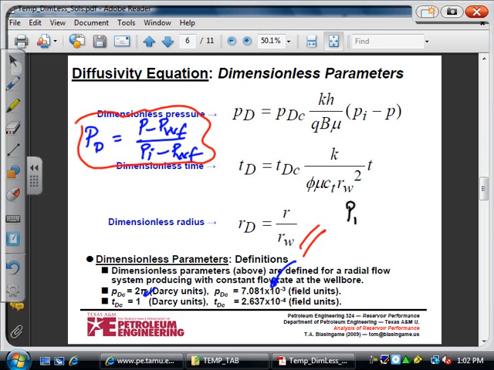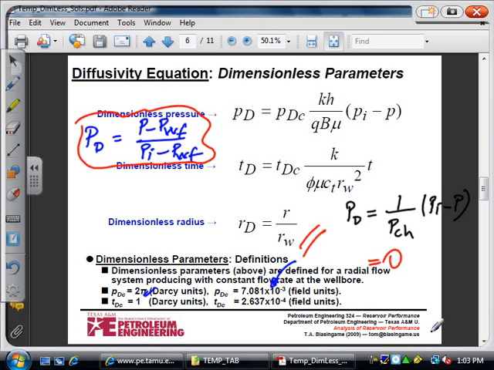We can say PD is equal to a characteristic pressure, but it should be multiplied by Pi minus P. So if we impose PD to become 0, this then will be the correct form, right?